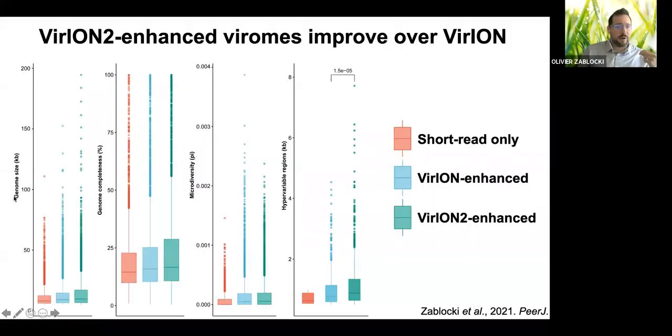And here you have higher genome sizes, completeness rates are higher. You find microdiversity much higher compared to short reads. And the number and size of hypervariable regions found within these genomes is also significantly higher.